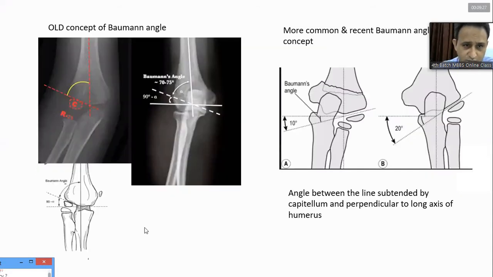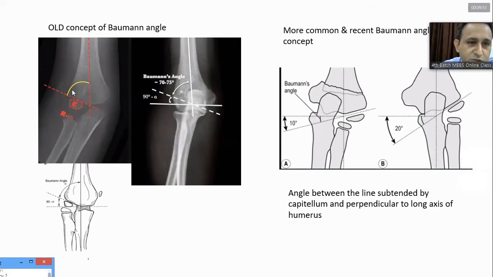Also, the third angle that you should know is the Bowman's angle. That is the angle subtended by the base, which is the capitulum. This is the growth plate of the capitulum. If you draw the plane of that capitulum with the long axis of the humerus, some call this angle Bowman's angle, but it is quite a confusion because it's an old concept.